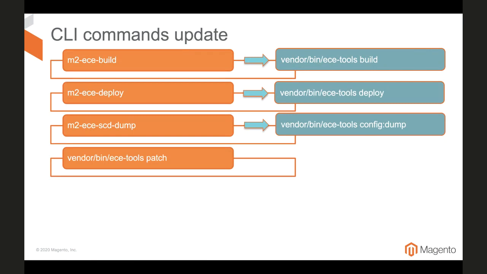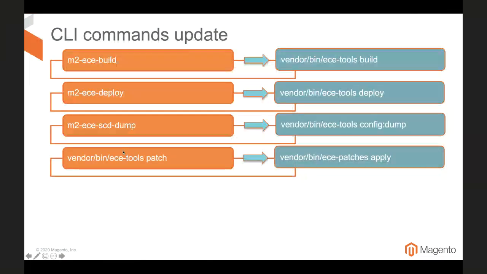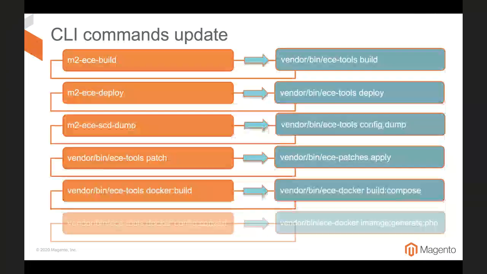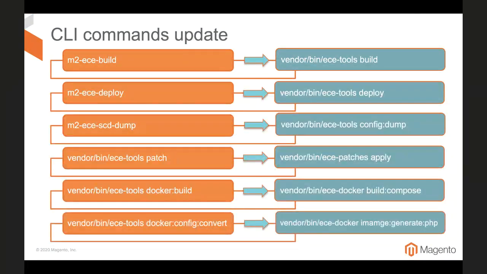After the decomposition, we don't have any code in ECE-Tools related to patches, so everything was migrated to a separate CLI command, ECE patches, and the command name is apply. It does absolutely the same as the previous one. And there are two more CLI commands about Docker, but more about it, as I already said, in two weeks on our demo.